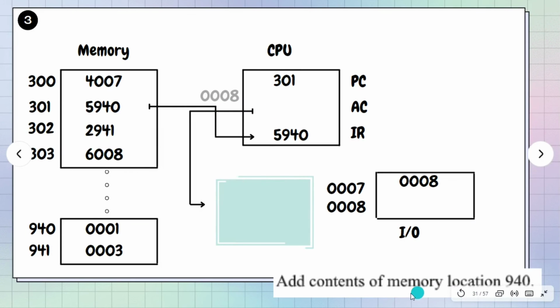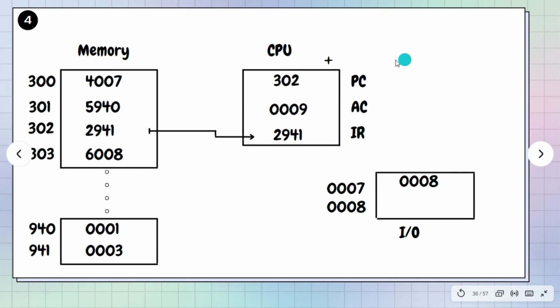It says add contents of memory location 940. So where is memory location 940? Here it is. This is the value of memory location 940. So we will take the current value of the AC and the current contents of memory location 940 and simply add them together. And the new value we will store back to the AC. Okay, done with this step.